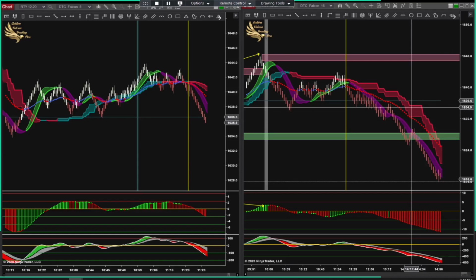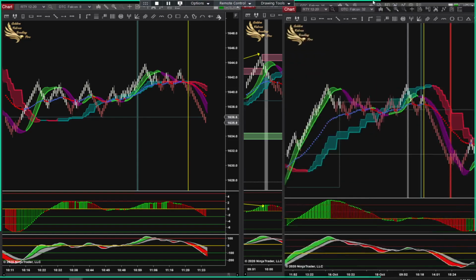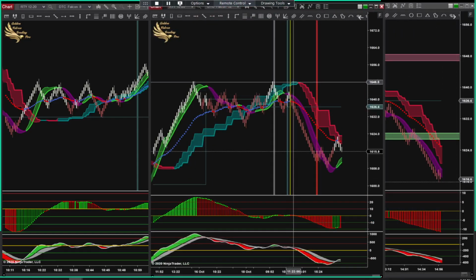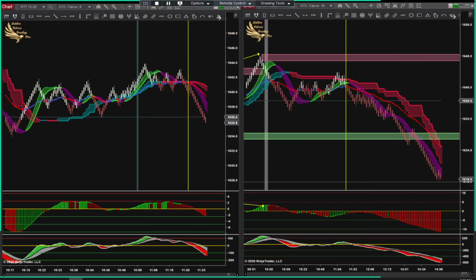For example, I just showed you the 32. At this line, eagle below the hawk. Now on the 16, eagle below the hawk. And on the 8, eagle below the hawk. Now, this is the first time that on all three of these charts we have the eagle below the hawk. See through here, we had the eagle above the hawk.